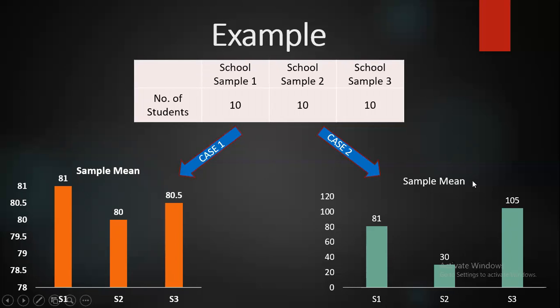You can see there is a greater variation in the means compared to case 1. So in case 1, we are going to accept the null hypothesis, and in case 2, we are going to reject the null hypothesis. That means the average test scores are not the same in each school in case 2, and in case 1, the average test scores are the same in each school.